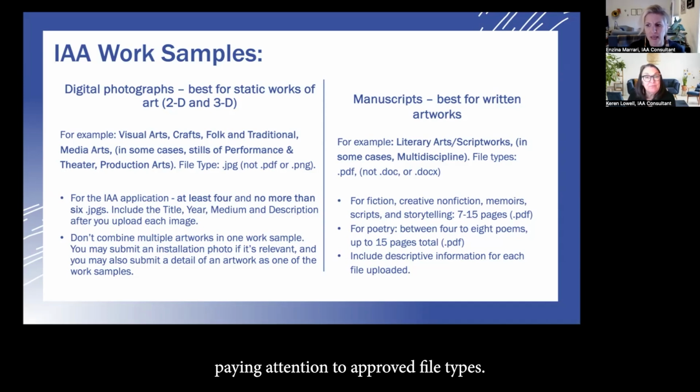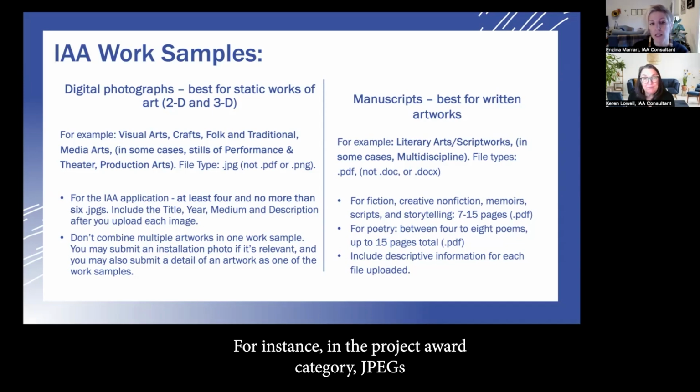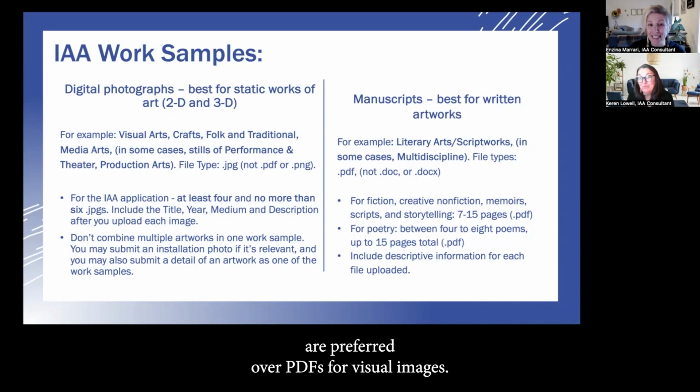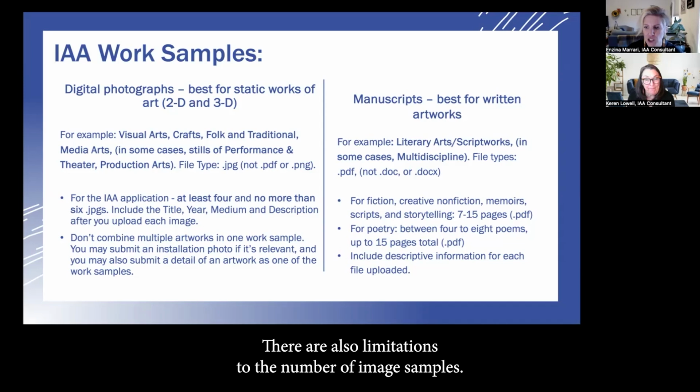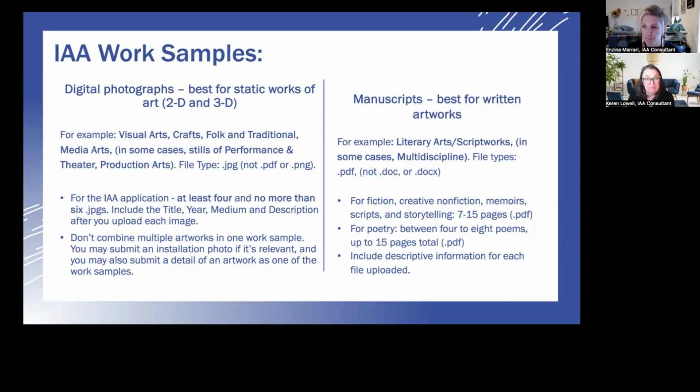Also, make sure that you are paying attention to approved file types. For instance, in the project award category, JPEGs are preferred over PDFs for visual images. There are also limitations to the number of image samples. For instance, in IAA, you must submit no less than 4 work samples and no more than 6 work samples.